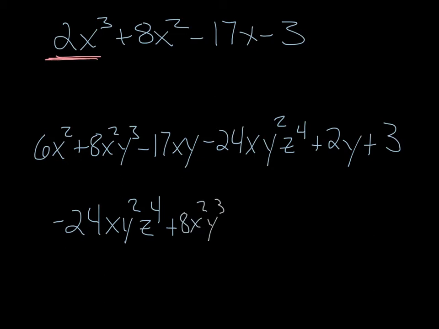Then we have 2 terms here with a degree of 1, and there's different ways that you can think about this. Usually, if you have multiple variables, you take care of that first. So in this case, it'd be -17xy followed by 6x squared plus 2y plus 3.